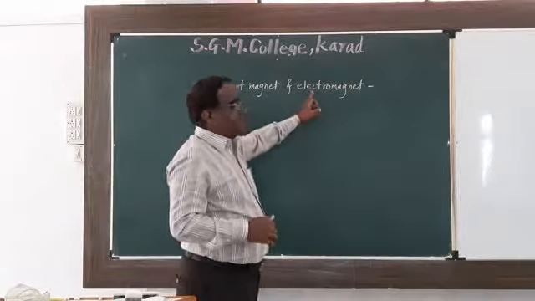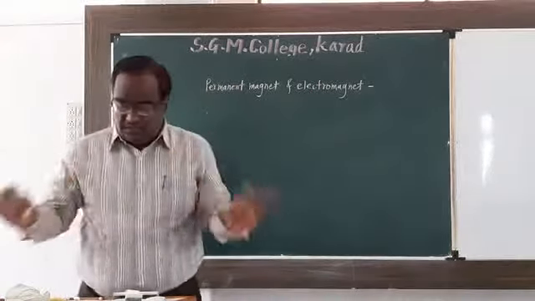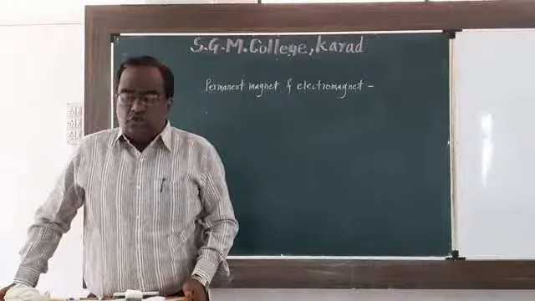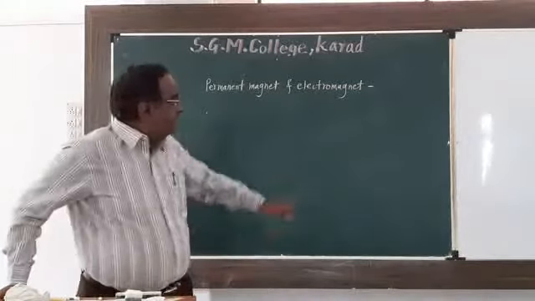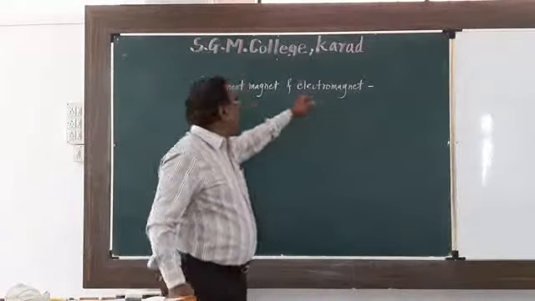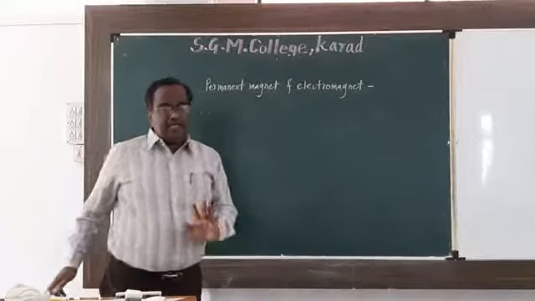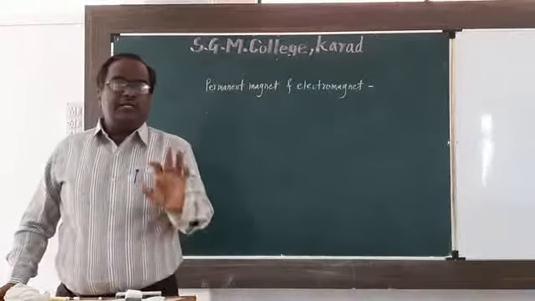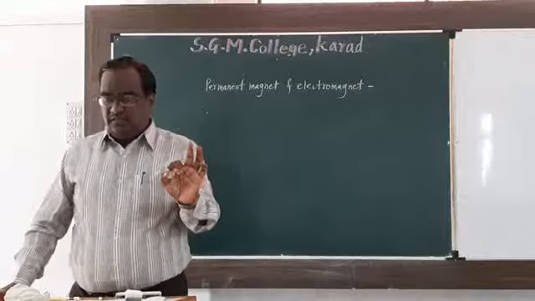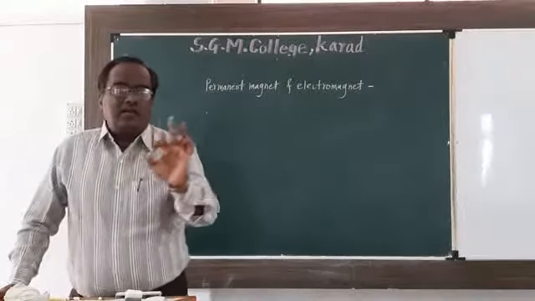Remember, here we use soft iron to make an electromagnet, and to make a permanent magnet we use a material which is hard iron.